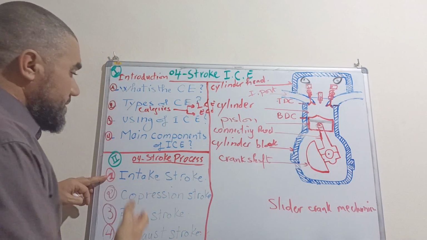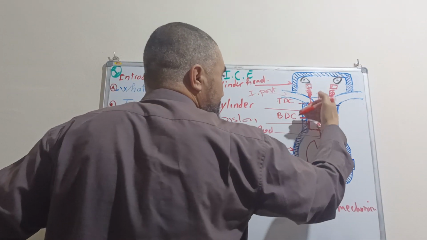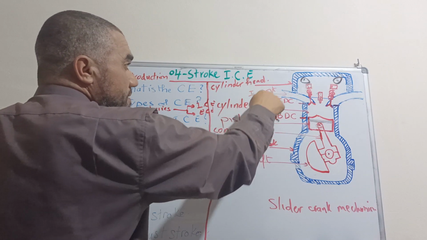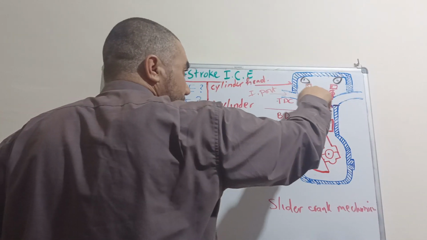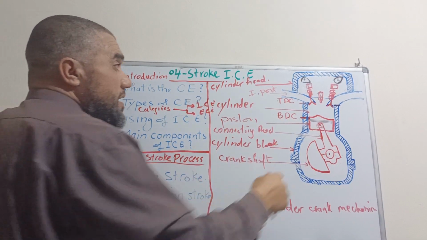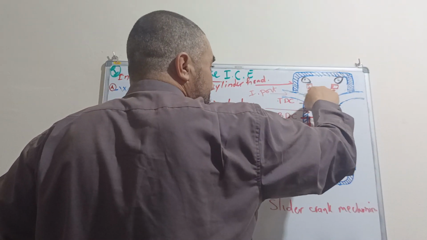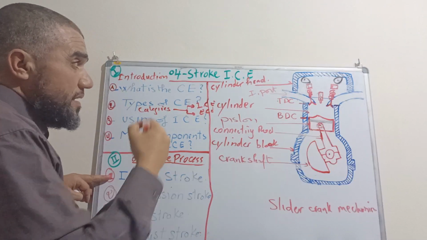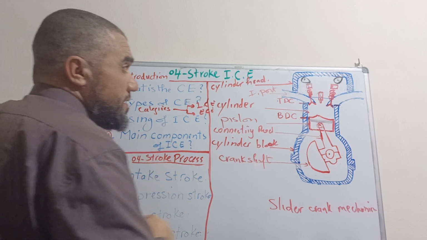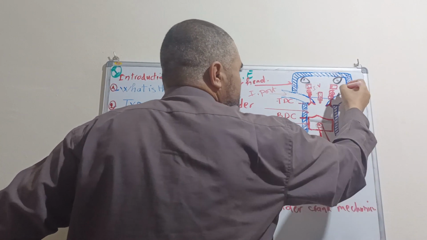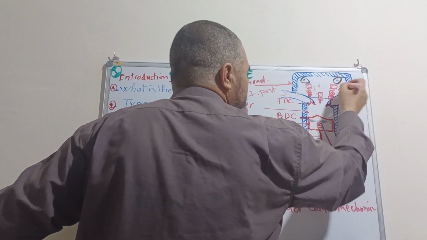Or fresh air, when we talk about a diesel engine, enters through this opening by opening the intake valve. This is the intake valve, and here the exhaust valve.